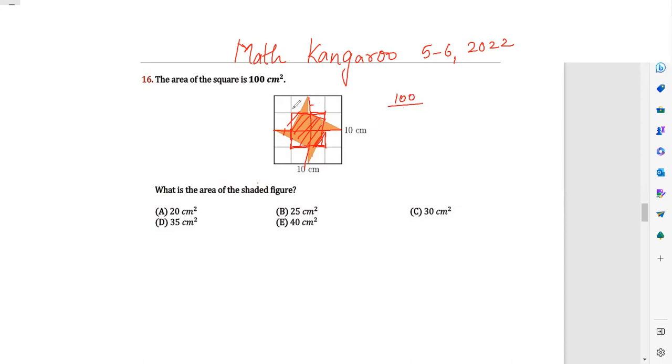Divide by total number of squares, which are 16. And the number of squares occupied by the shaded part is 4. Right? So if I solve this, the area of the shaded part is 25 centimeter square, which is option number B. So my answer for question number 16 is option B, 25 centimeter square.